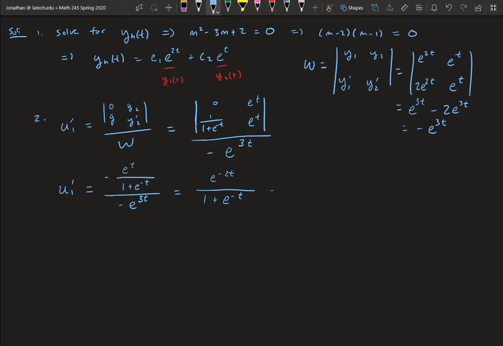So we'll break this up as e to the negative t times e to the negative t over 1 plus e to the negative t. And so u1 of t will be the integral of e to the negative t over 1 plus e to the negative t dt.